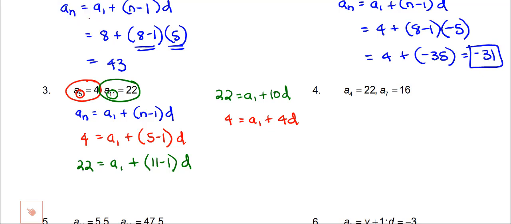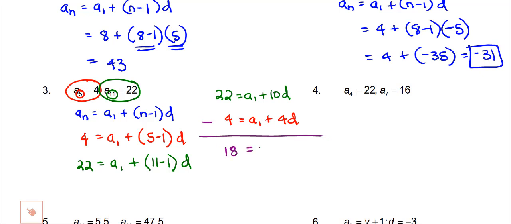Systems, canceling out, elimination method. What if I subtract the red from the green? The good news is, who disappears? A1. That's good, because right now I have two variables, two equations. That's too much. But if I subtract, what do I get?